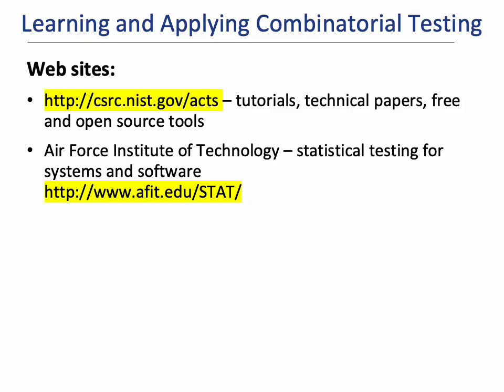In addition to the covering array tool that we just talked about, there are many other tools that will be covered in later lectures in this course. Also, the Air Force Institute of Technology has a really good website on not only combinatorial testing, but all sorts of good, strong statistical test methods, and that can be found on the link shown here.